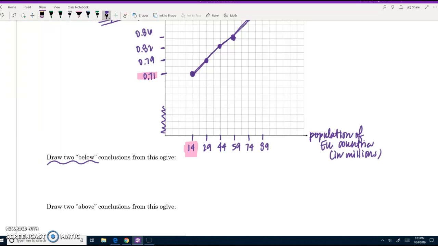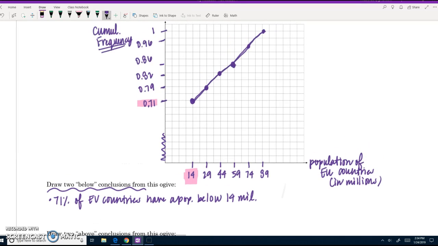So when it says draw two below conclusions, the first conclusion we can draw is 71% of EU countries have a population below 14 million. Just trying to get that down quickly. And you can do that with any data point.